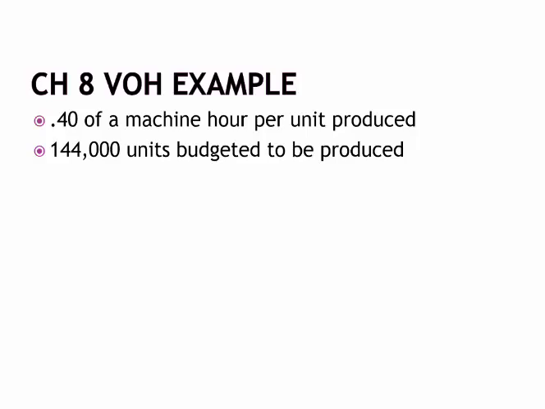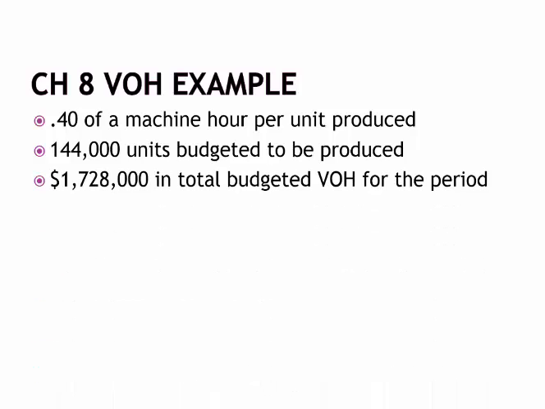They plan to produce and sell 144,000 units during the period. And based on all of their estimates, their total variable overhead for the period is expected to be $1,728,000.